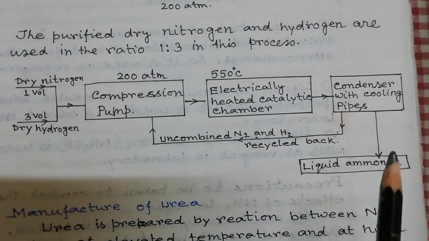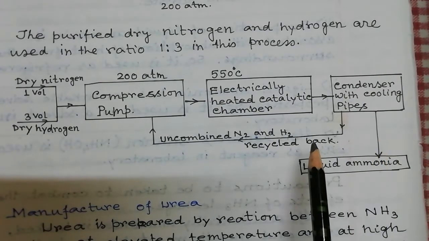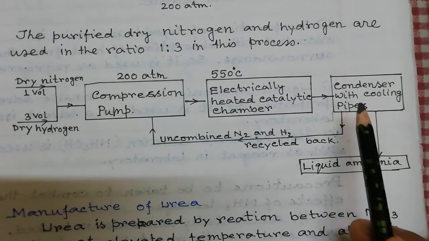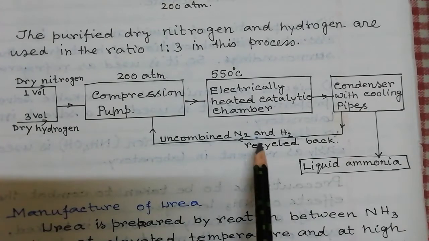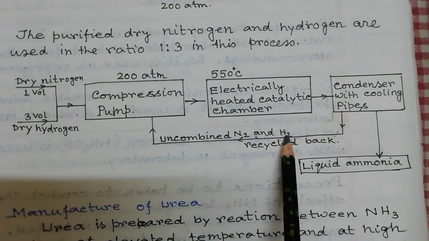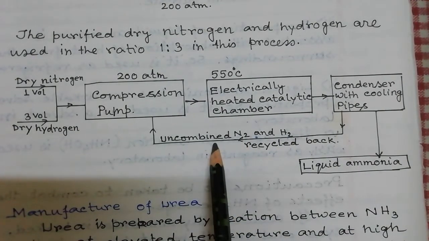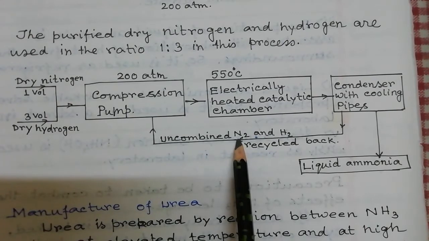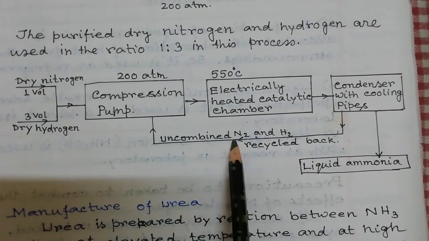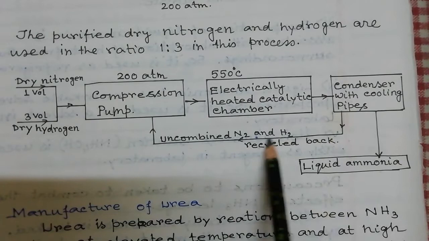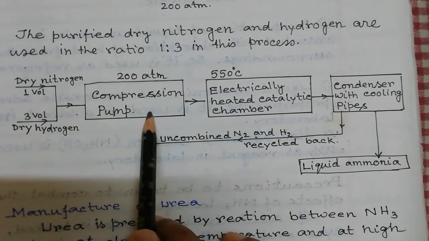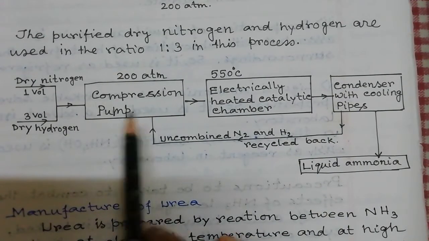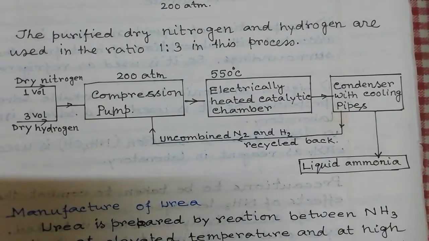As this reaction is a reversible reaction, some amount of nitrogen and hydrogen remains uncombined. This uncombined nitrogen and hydrogen is fed back to the compression chamber again. This is the flow chart for the preparation of ammonia gas by Haber's process.